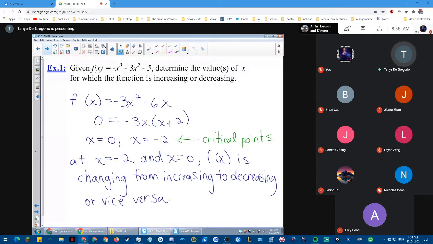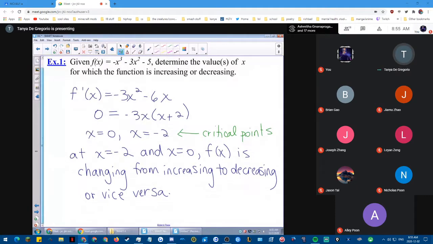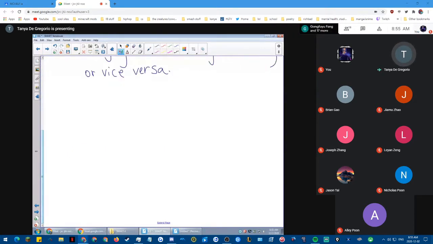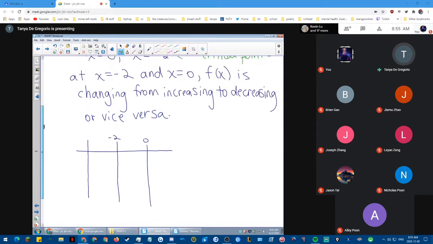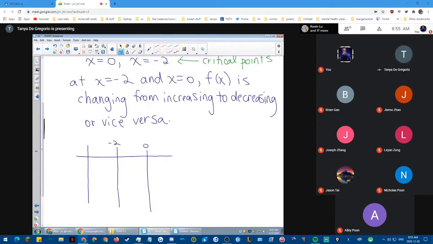So how are we going to check it? I'm going to use an interval table. So using an interval chart, I can see what's going on. And remember, guys, with your interval table, the values at the top are always in order from smallest to bigger. Just the way that you do your graph, right? From left to right. Think of the numbers.